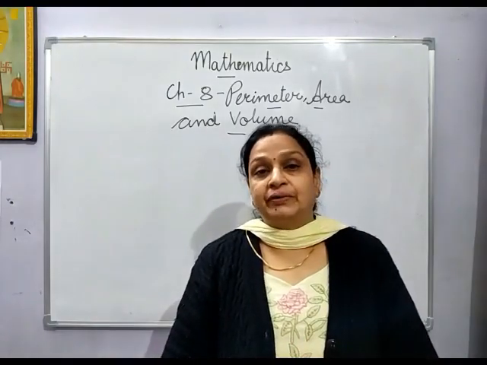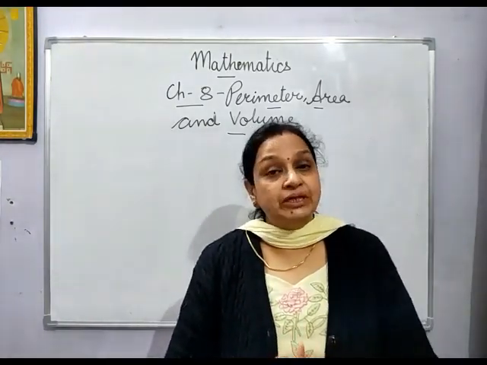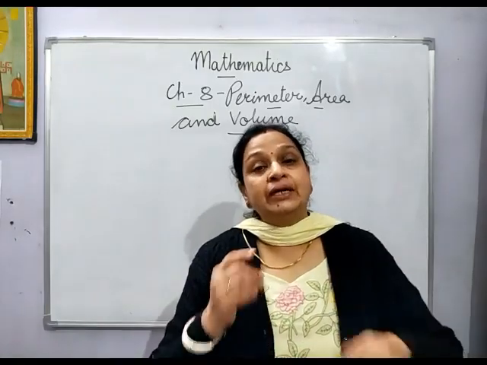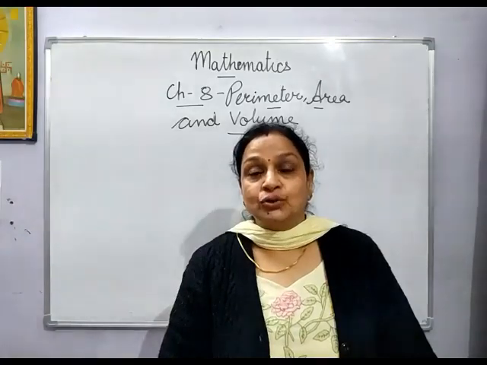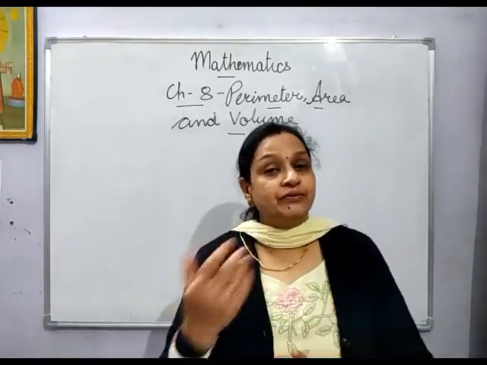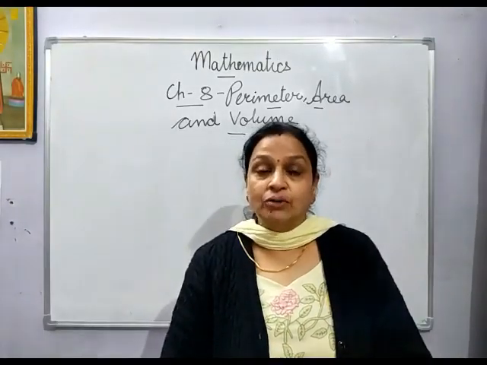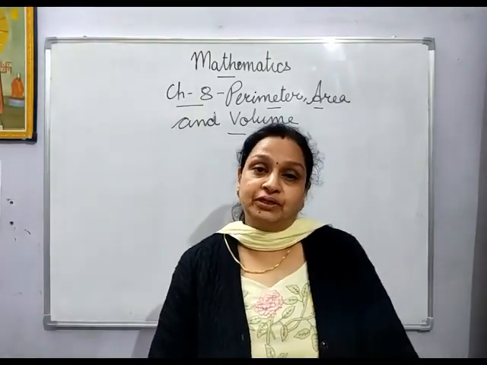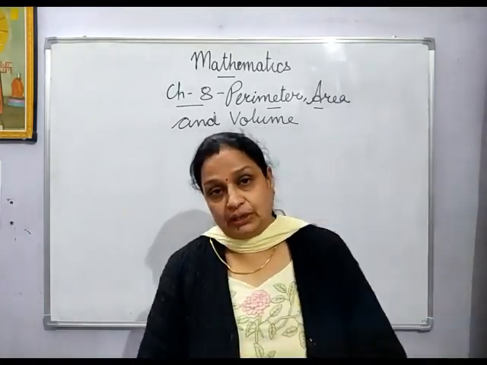Children, one thing to remember: whatever you studied for PT2, that will be included in your term. Keep that work safe because questions will be coming from that also. That is measurement and data handling. But the very first chapter of your term 2 is perimeter, area and volume.